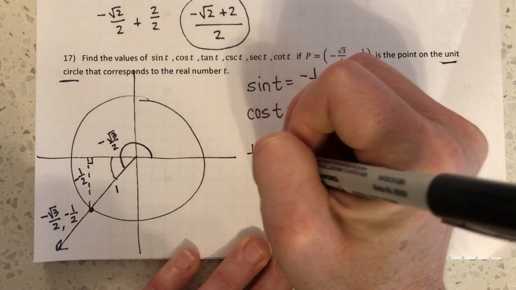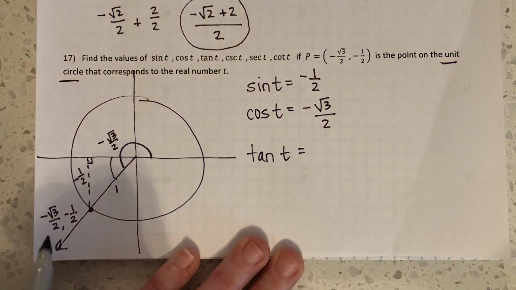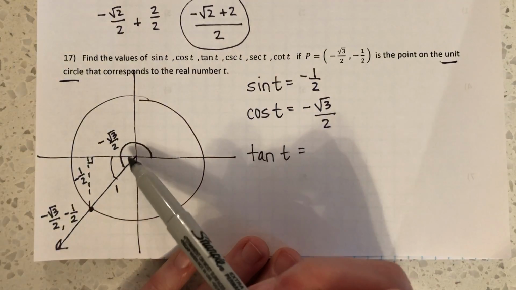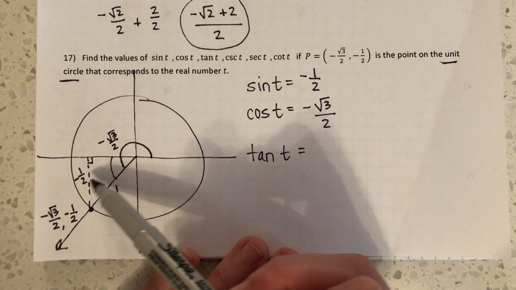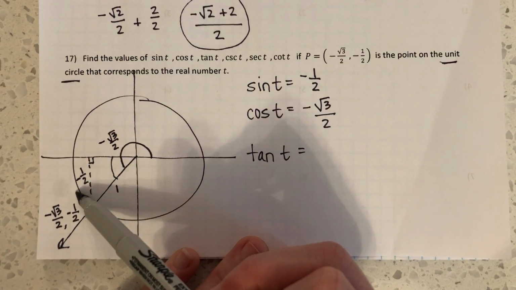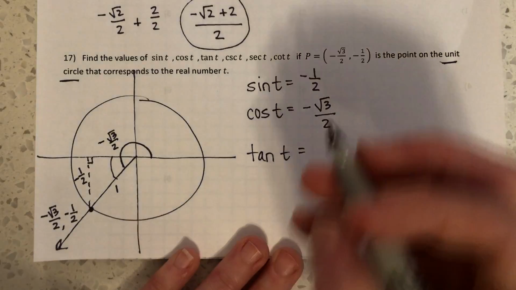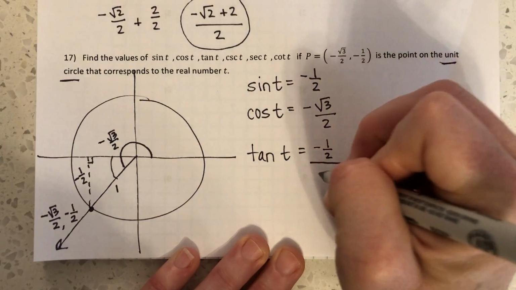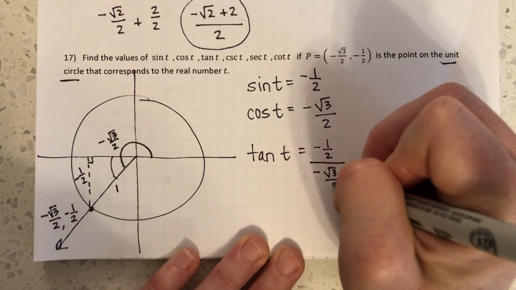The tangent of angle T, now remember, tangent doesn't appear on the unit circle, but we can always build it by putting the y-coordinate over the x-coordinate. Or, go to your picture, it would be the opposite over the adjacent, or the y-coordinate over the x-coordinate. So it would be negative 1/2 over negative root 3 over 2.